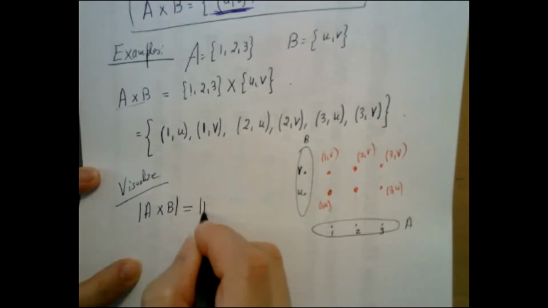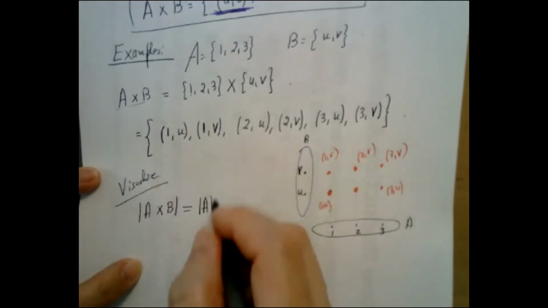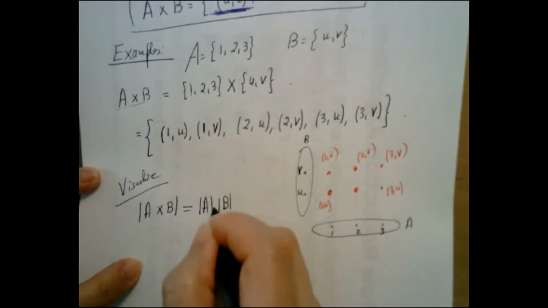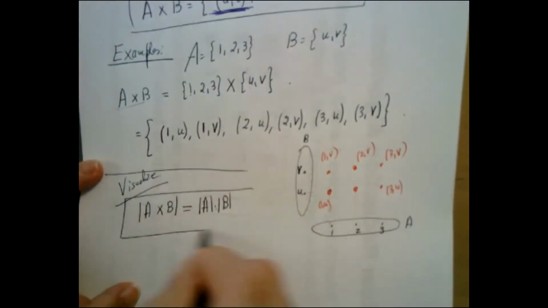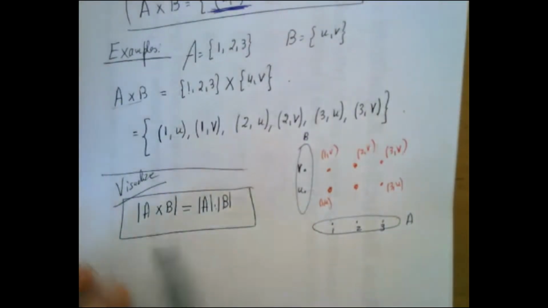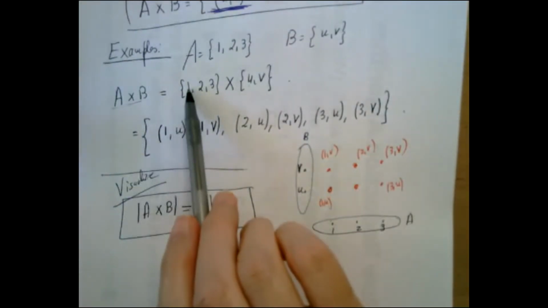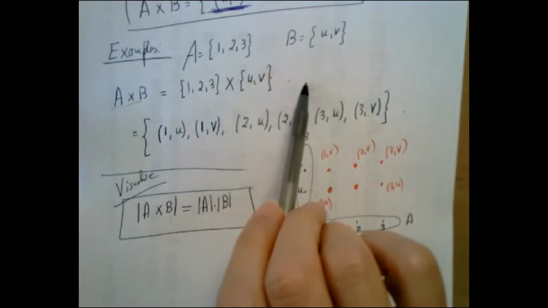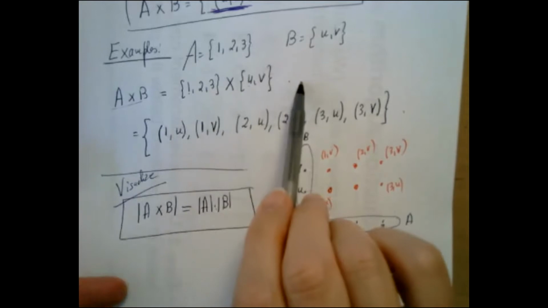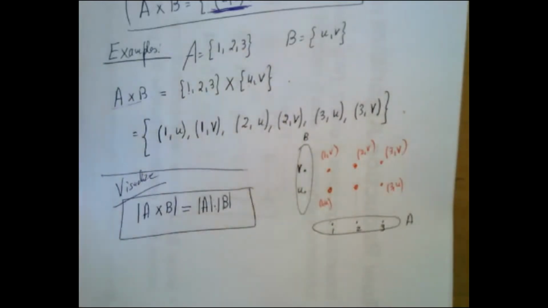Exactly, and that's where the product idea comes from. It's just the product of the cardinalities. For each element in A, I have the same number of elements in B, so it's nothing more than the product of those two numbers.